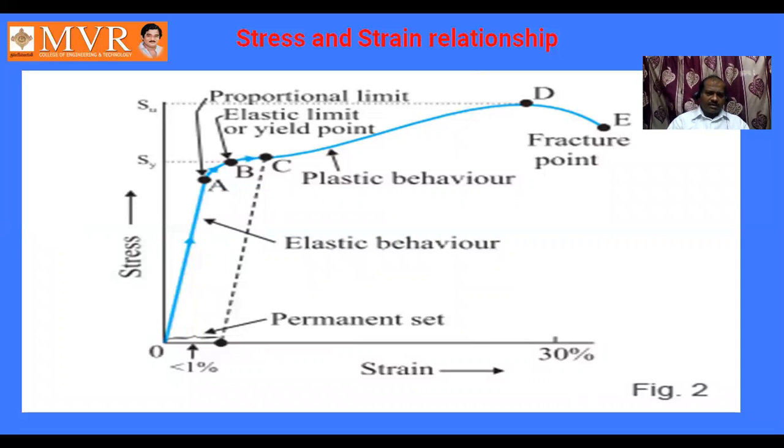If you observe this indigo color line, if a material faces external load up to point A, and you remove the load at point A, the material tries to regain its original position, shape and size. Then that limit is called the proportional limit. That means up to A a material is able to regain its own structure.